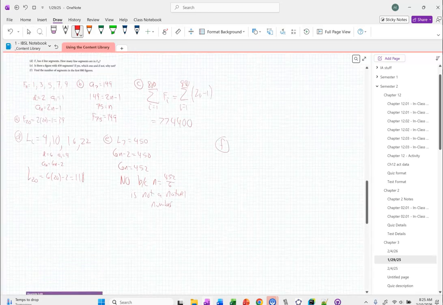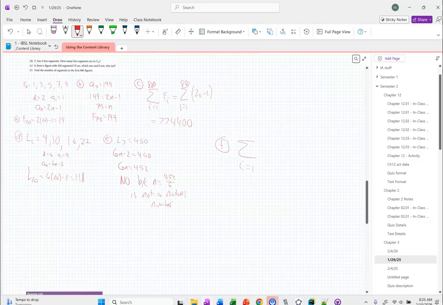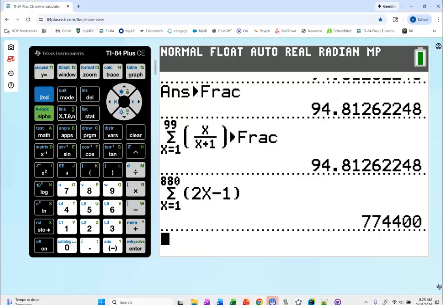It's basically the exact same setup as the last one, except I'm using L. So I have a different formula for L. And we'll do the calculator again, I guess.